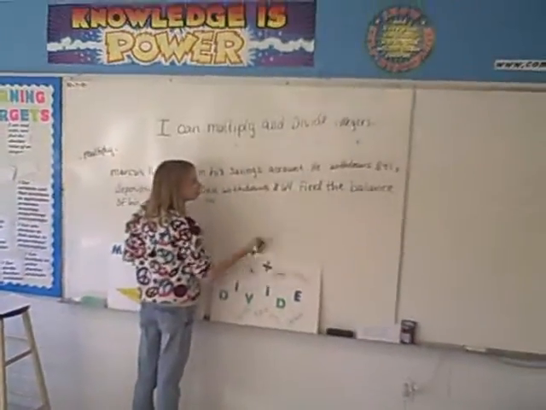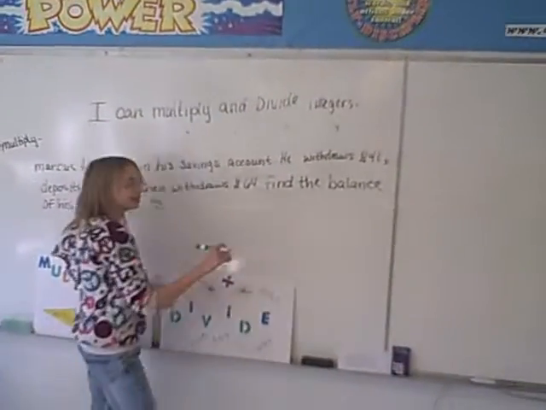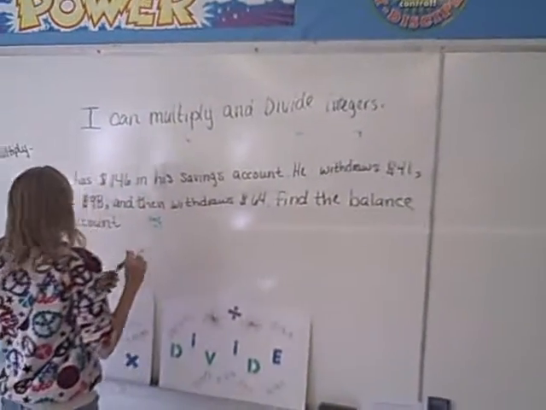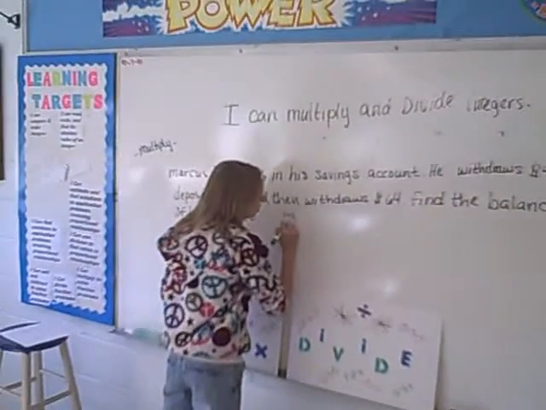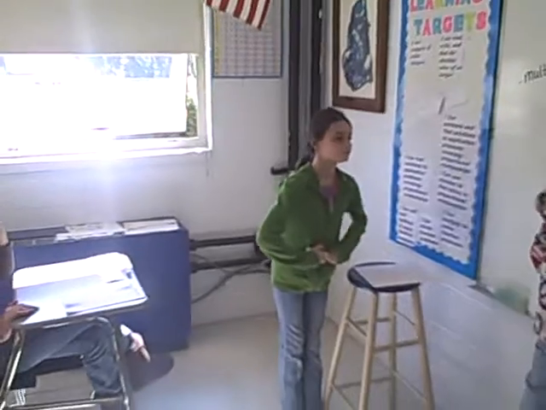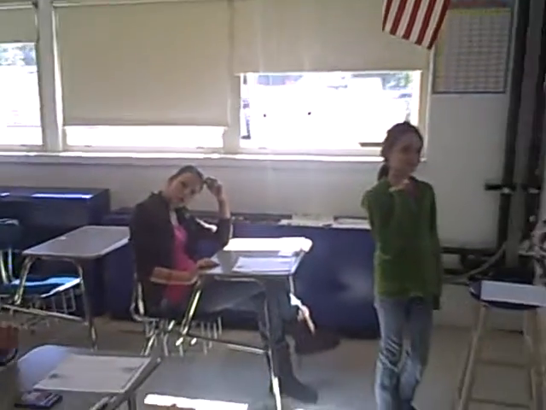You put down your I can statement is I can multiply and divide integers, but are you actually multiplying and dividing? You're working with integers, but are you multiplying and dividing those integers? You are? Are you sure? No, we are not. What are you doing with these integers?